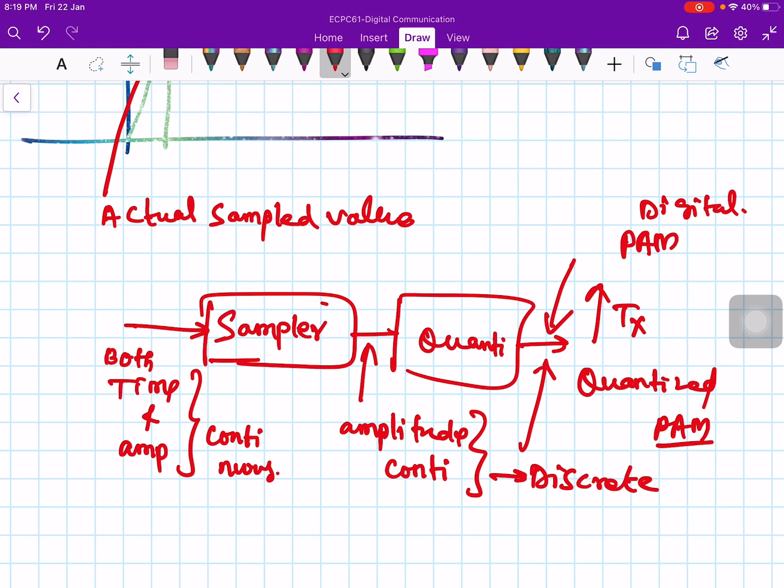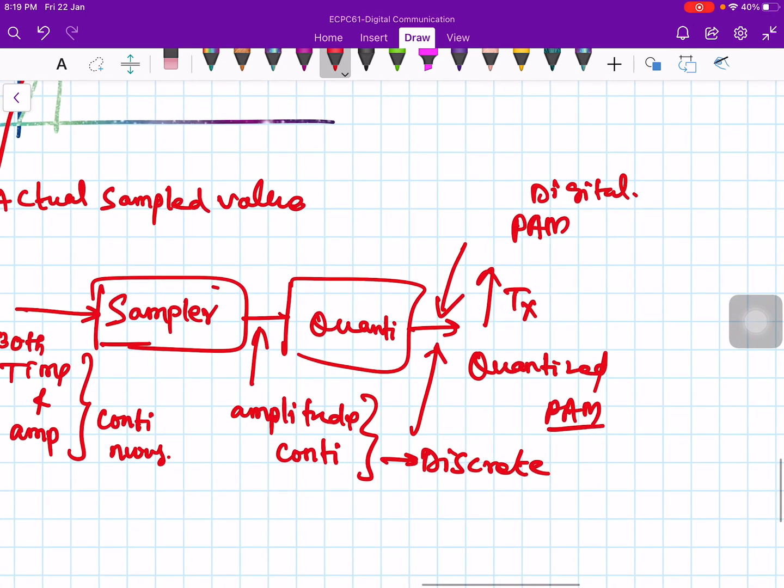But usually it is preferred that instead of transmitting the output of the quantizer directly in the quantized pulse amplitude modulation form, we carry out some encoding of each of these levels and transmit finally in binary form. Ultimately, in digital communication, we would like to work in binary.